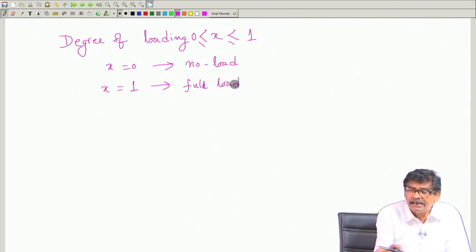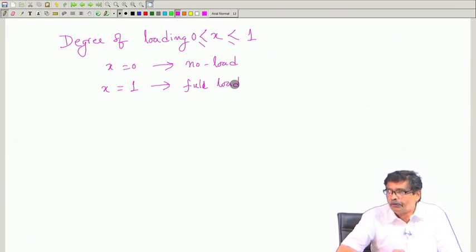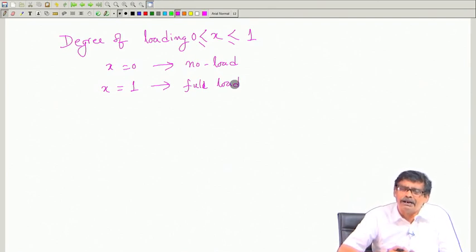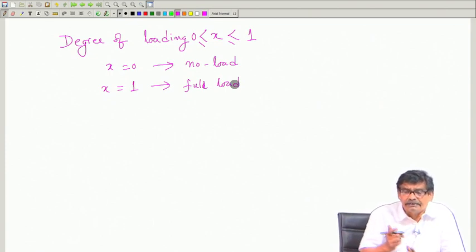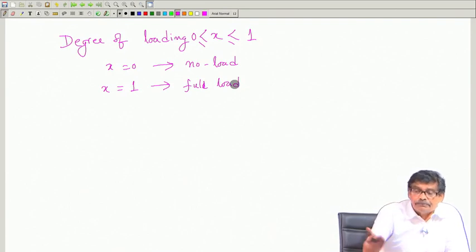And x can have any value; x equal to 0.5 means the transformer is 50% loaded. Although I told you a transformer should be operated at full load, that is why you purchased that transformer, so that it always operates at full load, sometimes the load varies on the secondary side, so it is a nice way of expressing it as the term degree of loading.